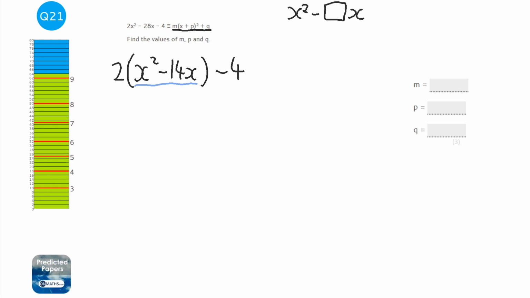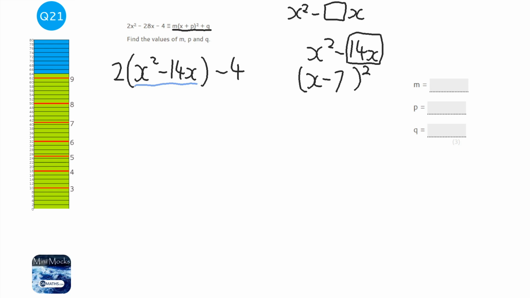Now to complete the square, and I'm going to do this over here to show you a little bit easier. What you need to do is put x minus half of the bit here, so it's going to be 7 squared.